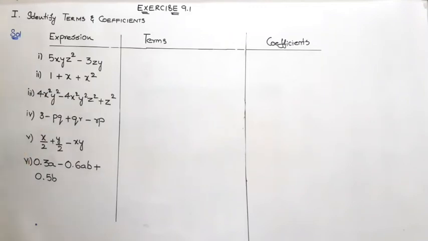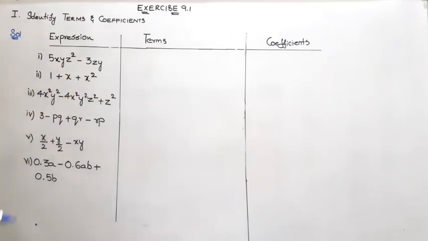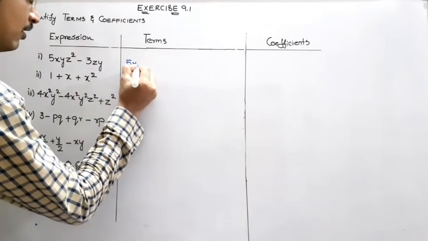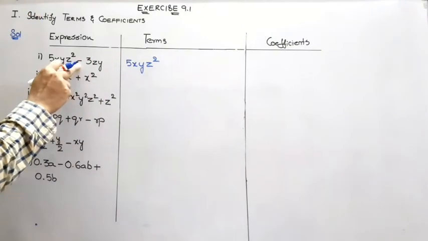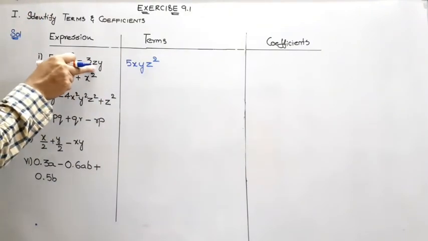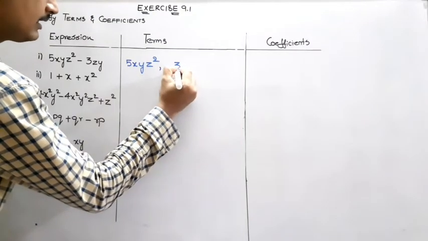So through this we have to understand there exist two terms, namely the first term is 5xyz square, and don't neglect this minus, children. This should be applied to the second term. That means it will become minus 3zy.